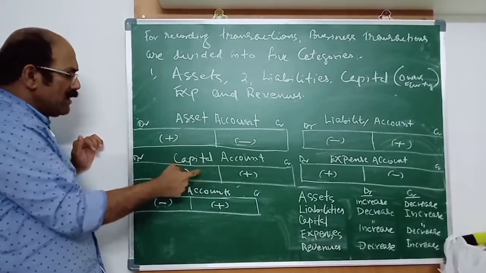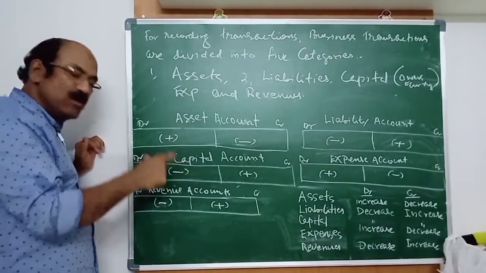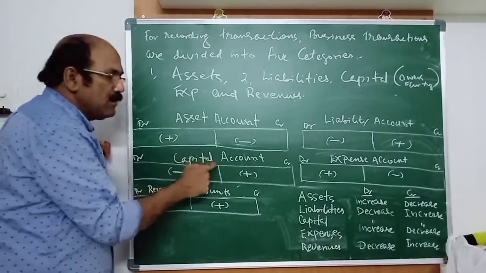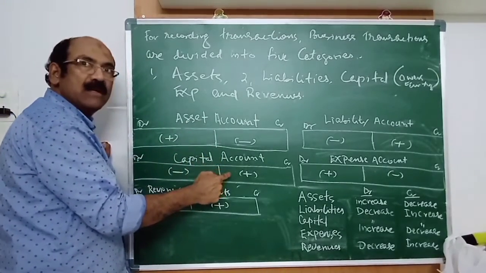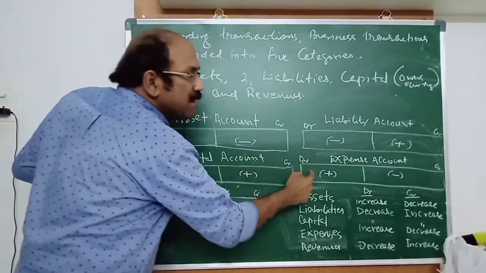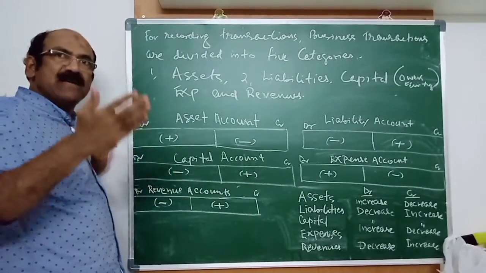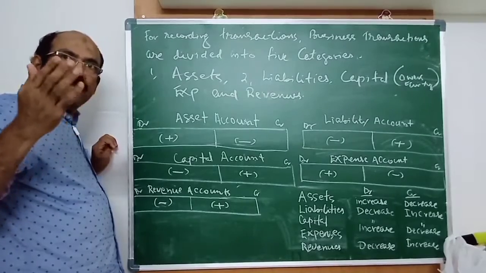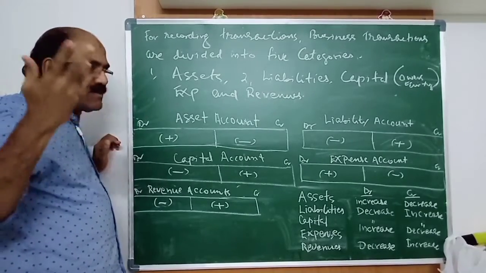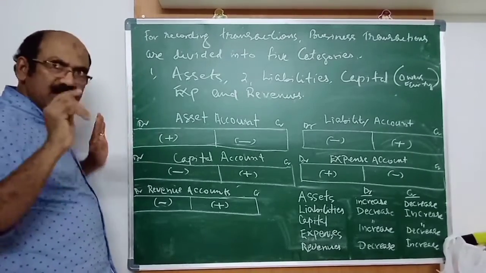Capital will be reduced when you debit. Capital will be increased when you credit. Go to expenses like salaries, rent, telephone expenses, fuel expenses, traveling expenses, bonus paid, all that kind of stuff, together called expenses of a business.